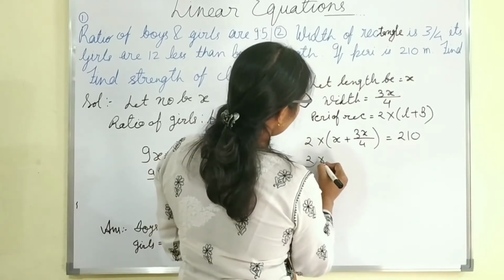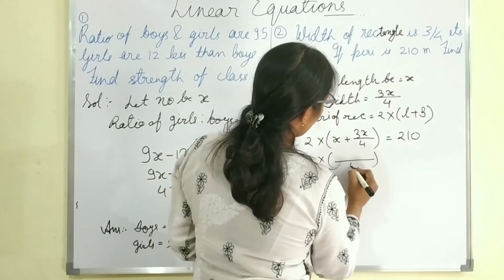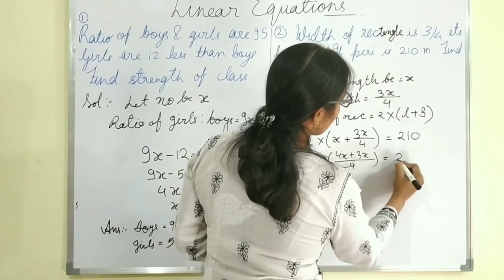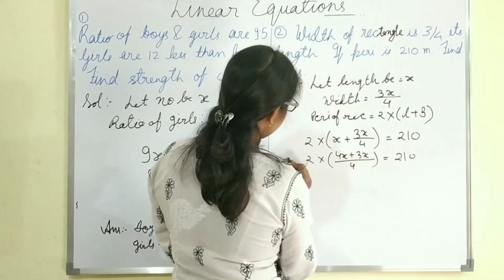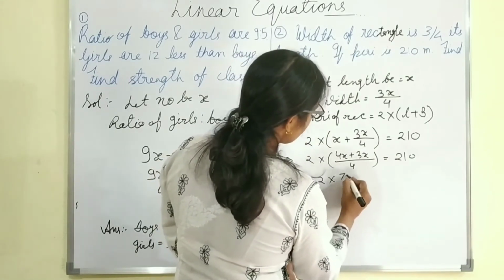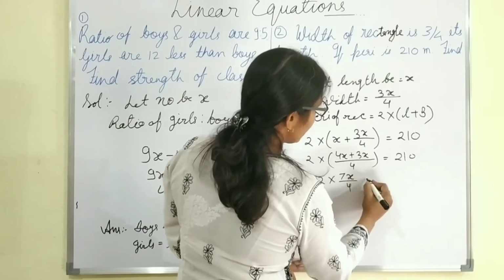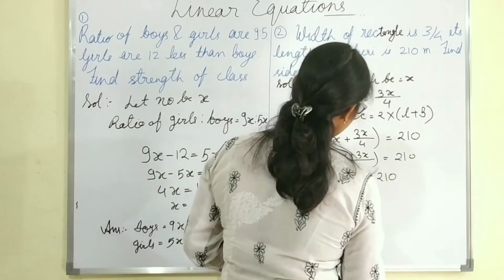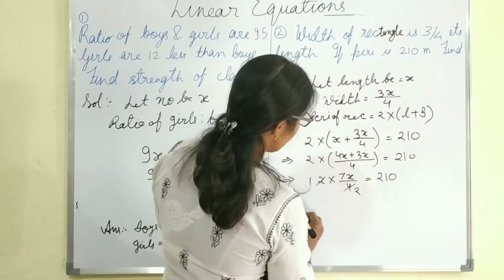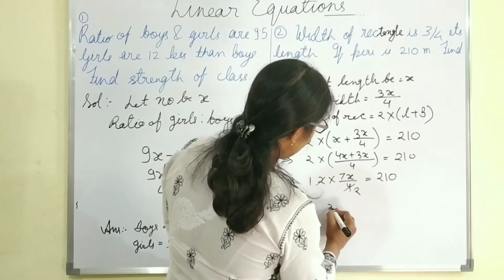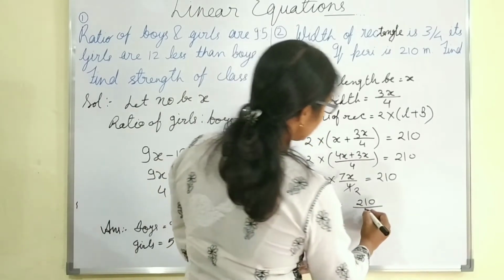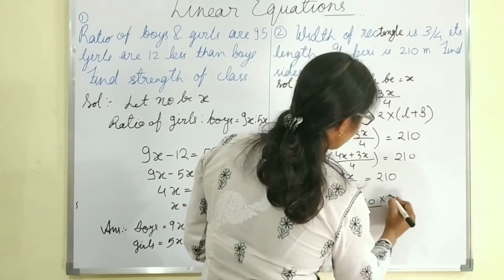So 2 into 4x plus 3x upon 4 equals 210. So 2 into 7x upon 4 equals 210. 2 ones are 2, 2 twos are 4. So x equals 210 upon 7 into 2.